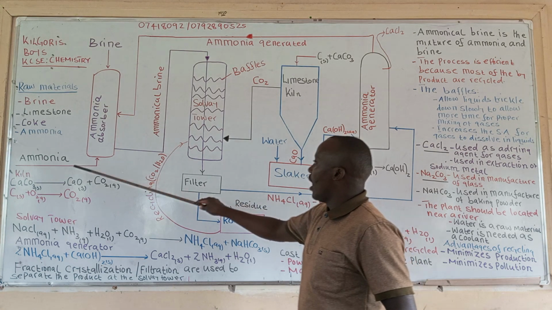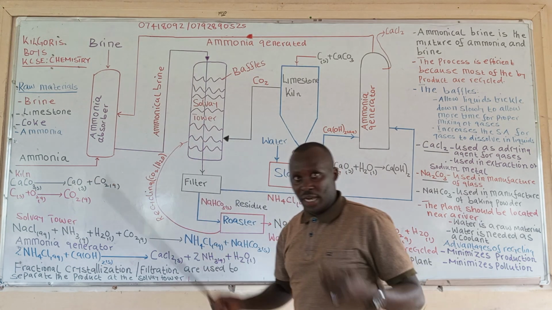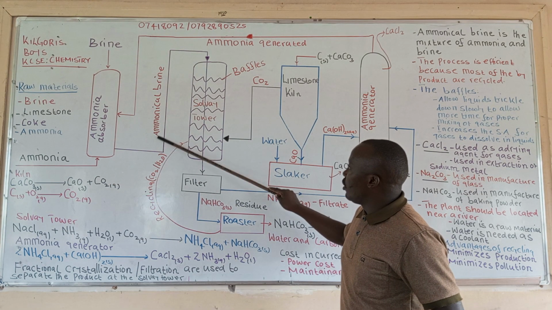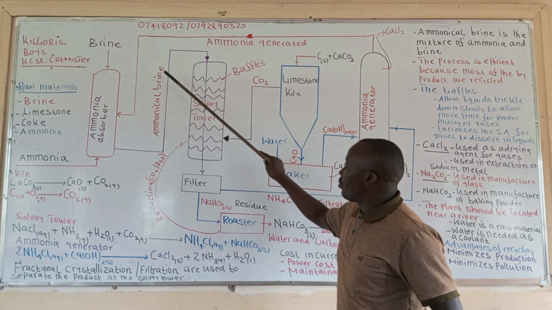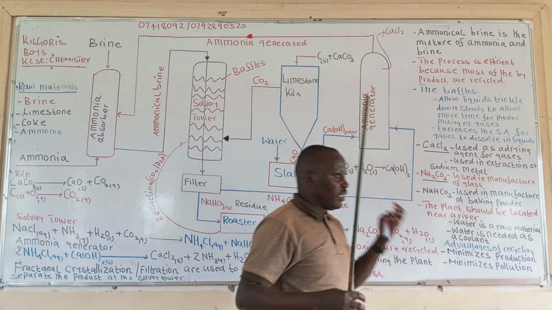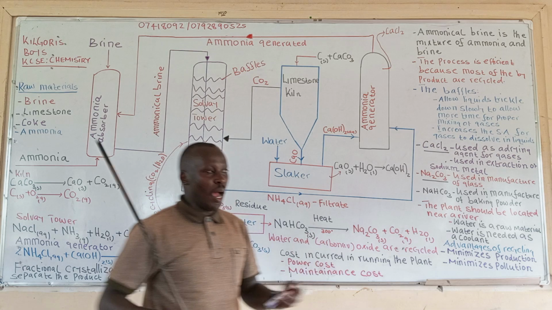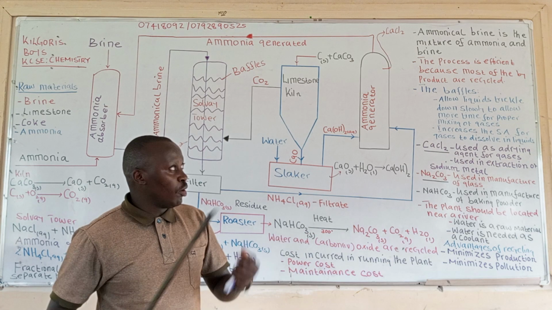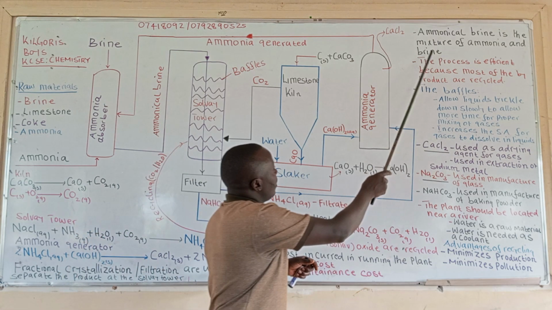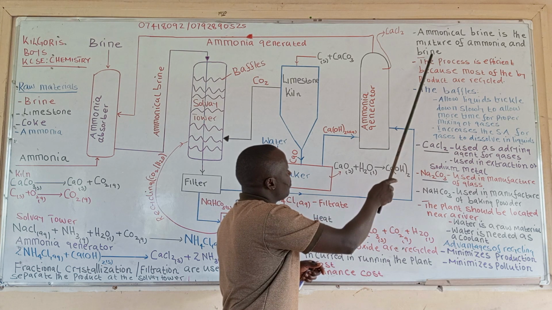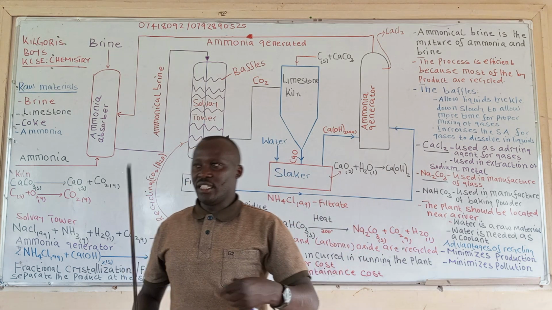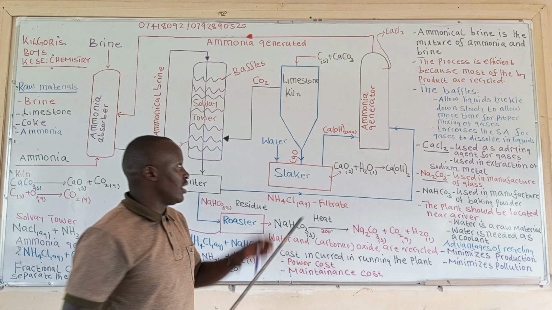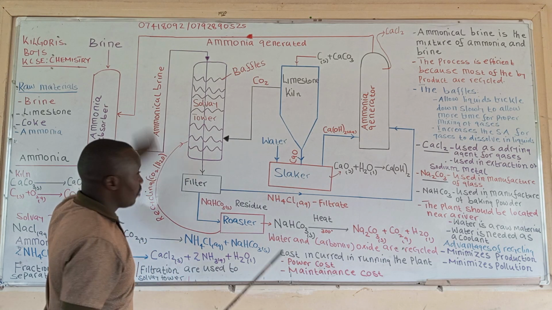Here, ammonia mixes with the brine to form what we call ammoniacal brine. Ammoniacal brine is just a mixture of ammonia and brine. Brine, in this case, is sodium chloride.